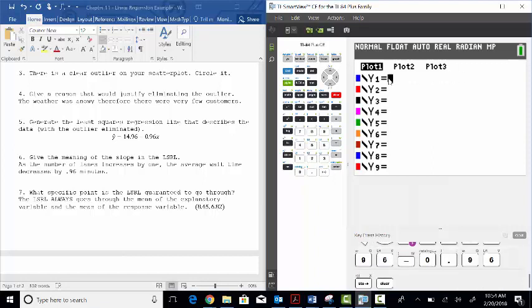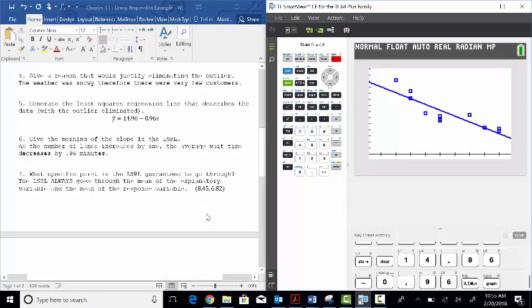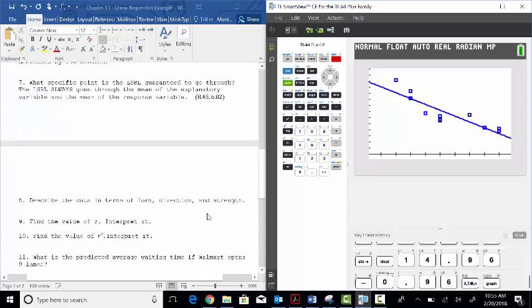Sorry, it didn't give it to me. 14.96 minus 0.96x, and I can graph that along with my scatter plot, and I can see that least squares regression line going through the data. Now, again, I can scroll through this line if I wanted to, and I'm sure that I would find this point 8.45, 6.82, because that line will go through the point.